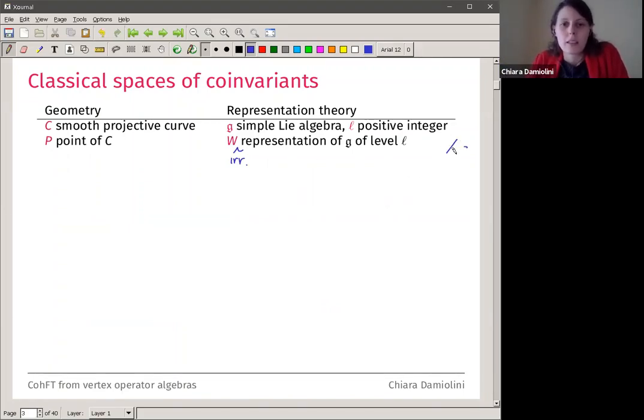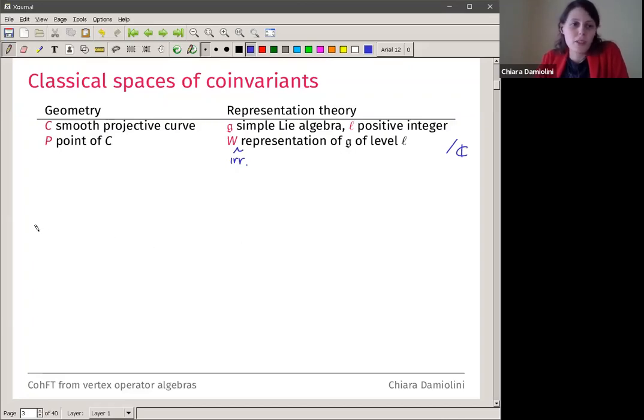Everything will be over the field of complex numbers, so you can use, if you want, some analytic intuition instead of algebraic. So I would like to construct, given this data, a space.